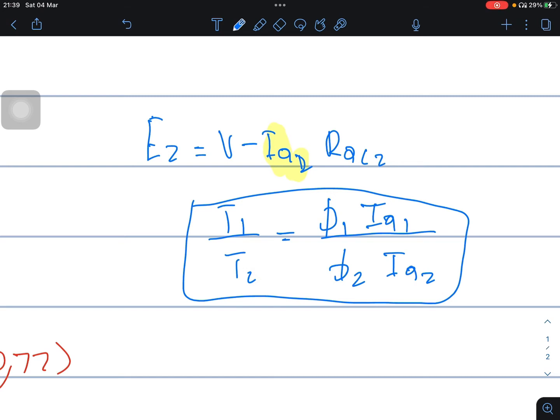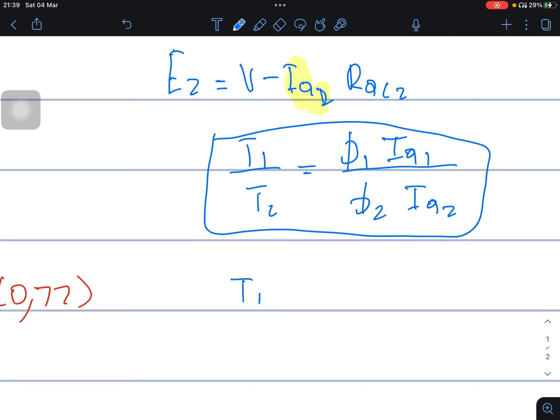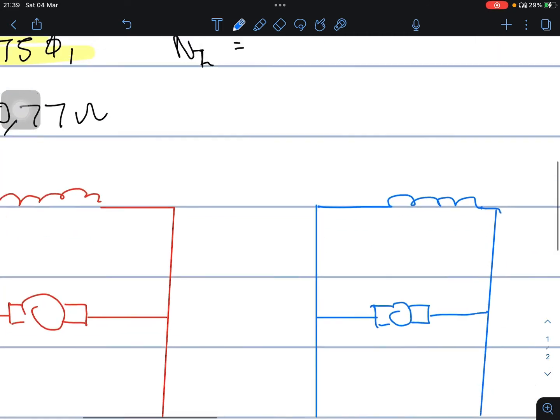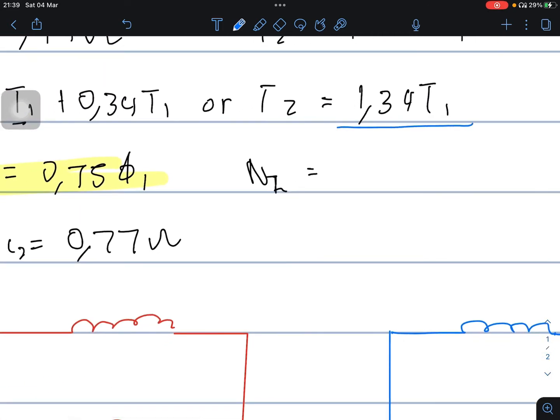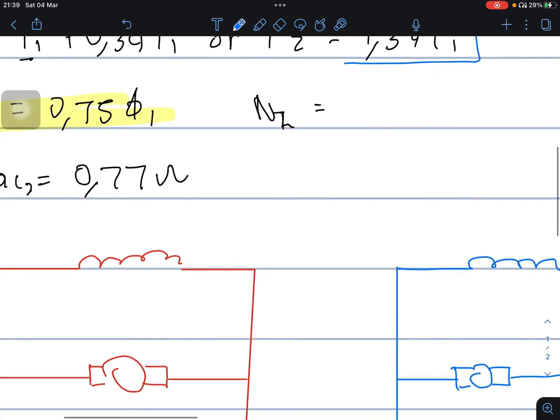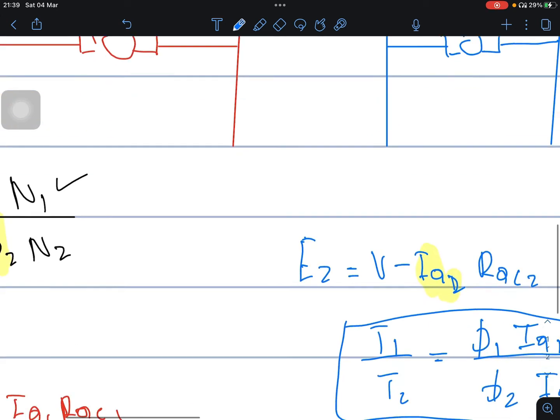Okay, we have T1. We expressed T2 in terms of T1, and we said it's 1.34 T1.